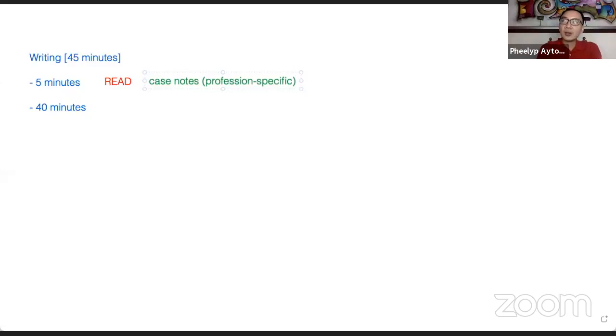If you're a physiotherapist, you will get PT case notes as well. If you're a nurse, you get nurse case notes. So it's very reassuring that the clinical situations, the patient situations that you will be provided are situations that would be familiar to you, whatever area you're currently at right now.